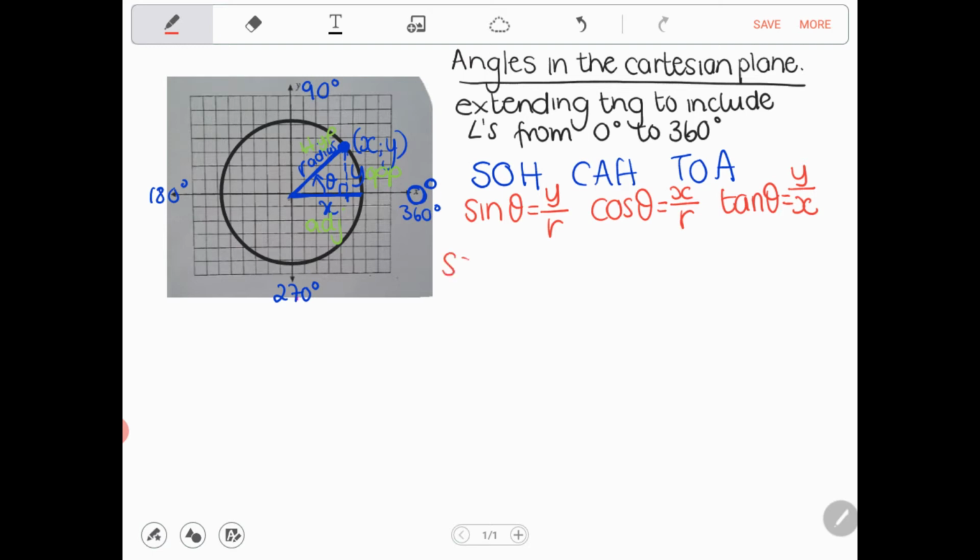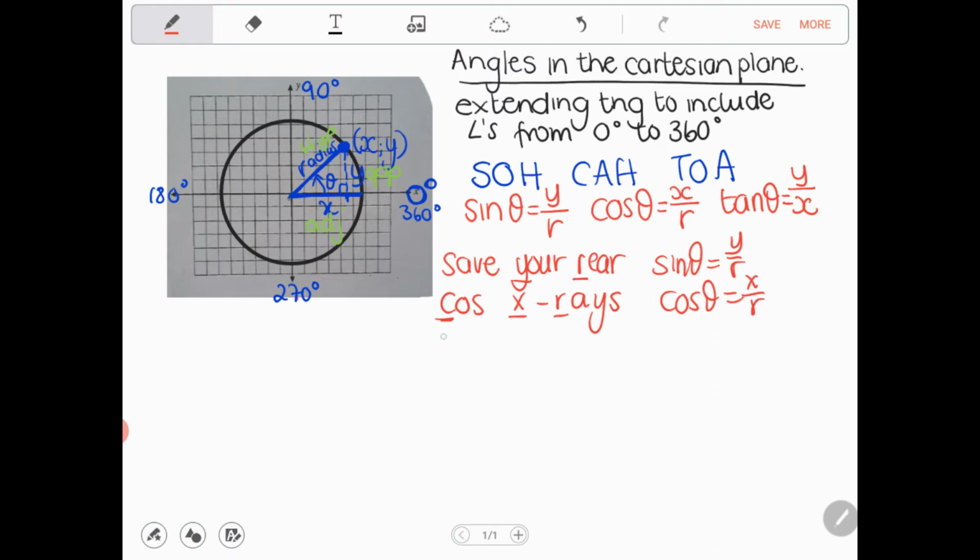And this little mnemonic, save your rear, sine is y over r, okay, cos x rays, so cos is x over r, tan your exterior.